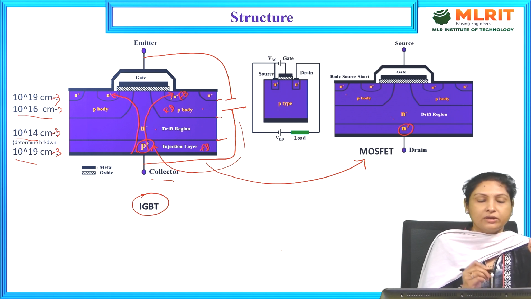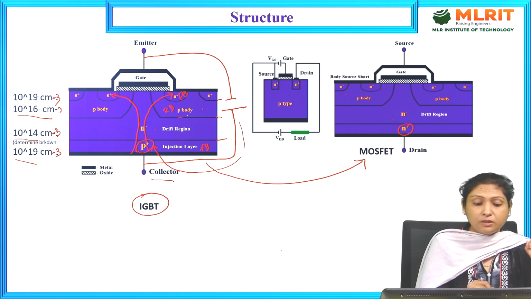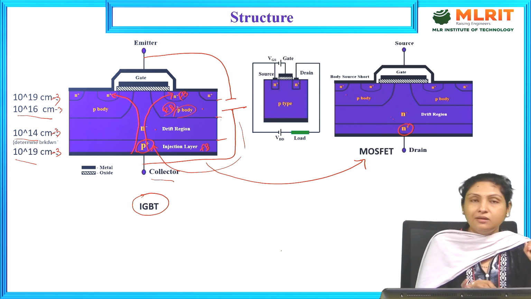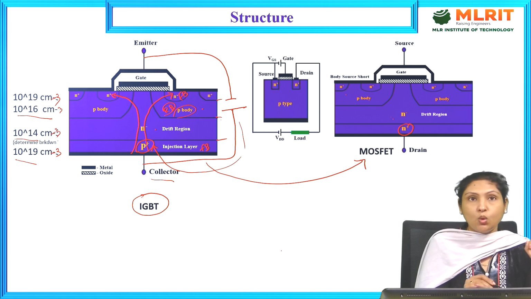Current will be flowing in this direction. It is because P plus layer is forward biased as well as N plus layer is forward biased. Because P body is reverse biased, current will not flow through the P body layer, and current will be flowing right from collector towards the emitter, that is from P plus layer to N plus layer.